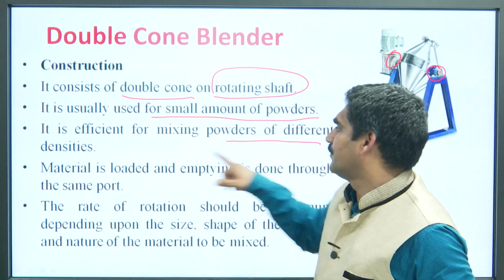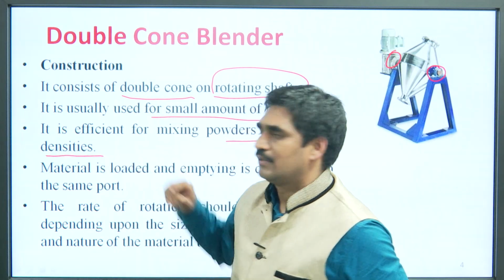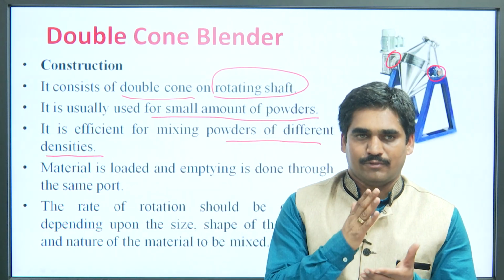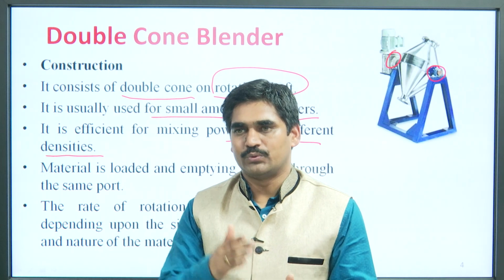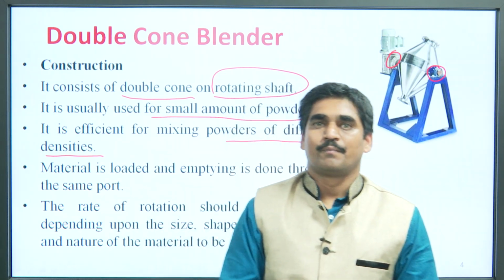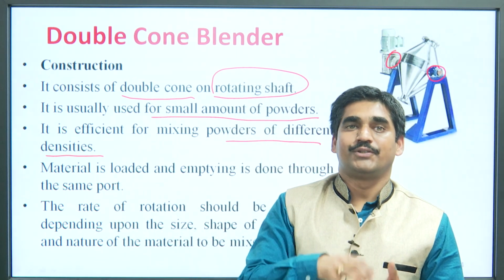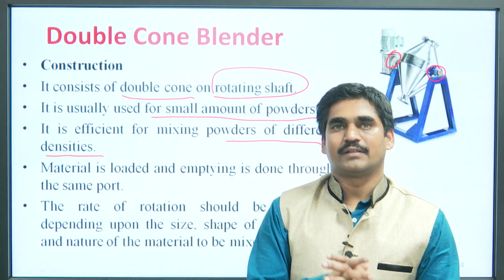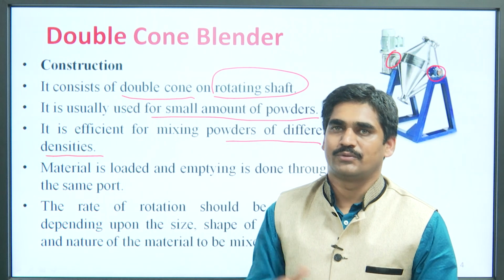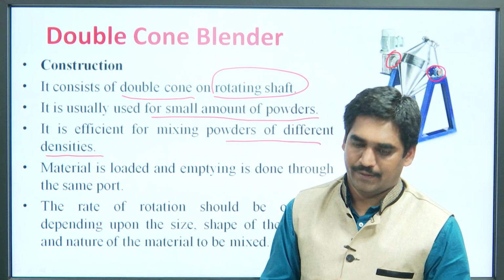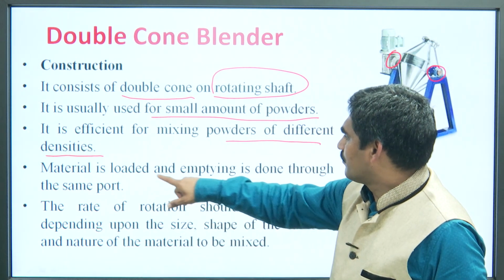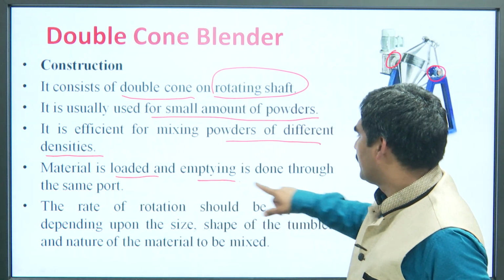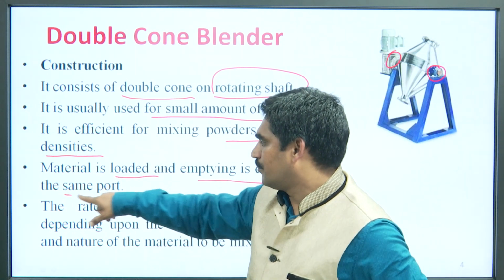Powders having different densities, if we are mixing 2, 3, 4 powders, those powders can also be efficiently mixed by the use of this double cone blender. Material is loaded and emptying is done through the same port.